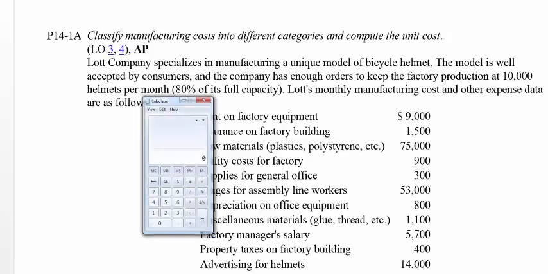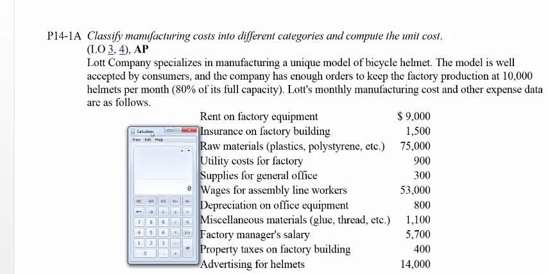All right, so could we calculate how many total helmets per month they could actually produce? What would be 100% of capacity? Sure, we could. Let's take the 10,000 units and divide it by 0.8.